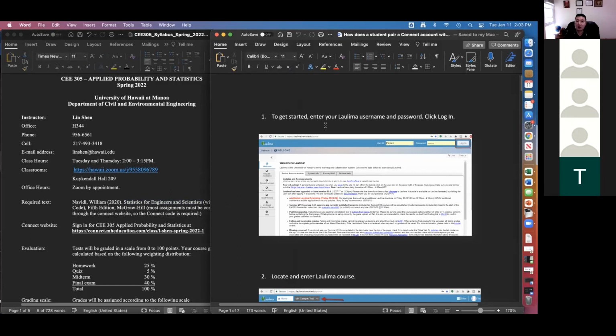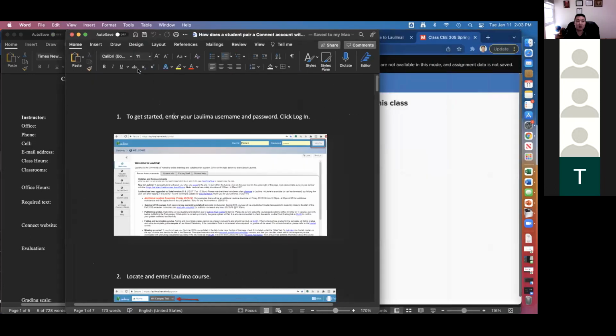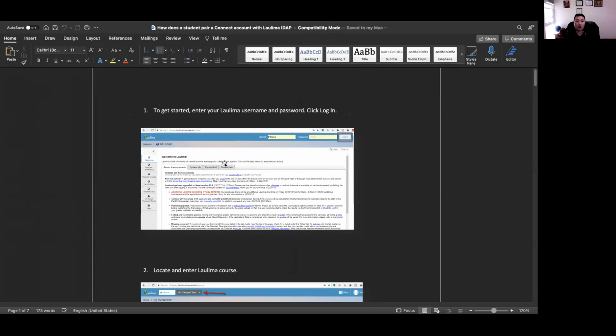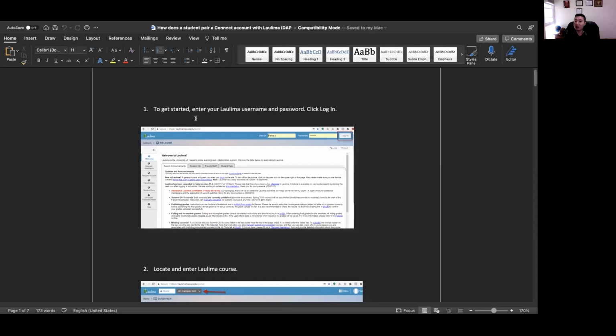This is what I got from the publisher. They have the textbook and also the website. This is a detailed instruction on how to pair a Connect account with Lolima. I think you can get a discount by doing it this way.